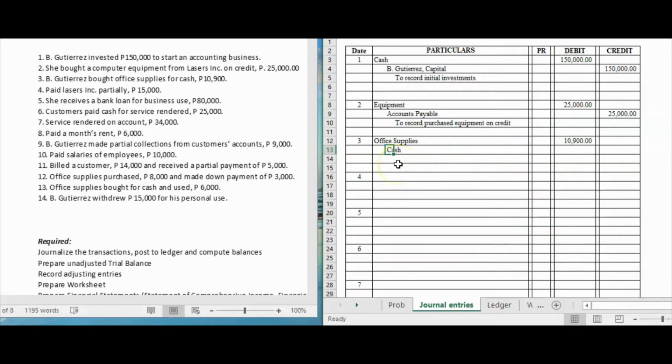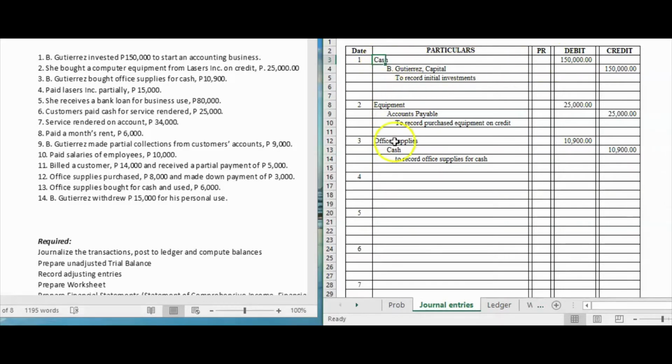So, since ang normal balance ng cash is debit, dapat i-credit mo siya kasi it decreases. And then, you should not forget your description. So, that's the difference. Dito, sa transaction 1, nagkaroon tayo ng increase in cash.